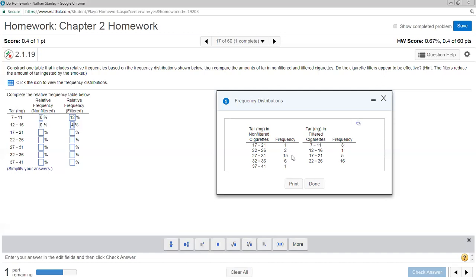They both, in fact, sum up to 25. So let's take 1 divided by 25 times 100, and you get a relative frequency of 4%. And then moving on to the other column, for filtered cigarettes, its relative frequency would be 5 divided by 25 times 100, which would be 20%.